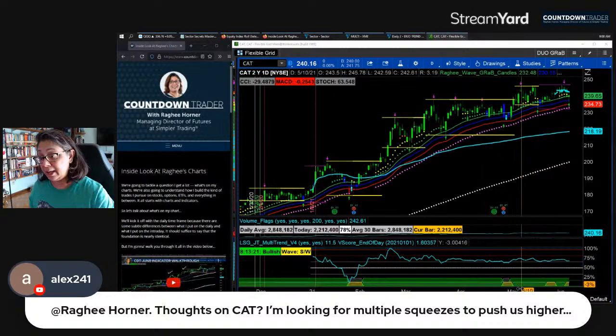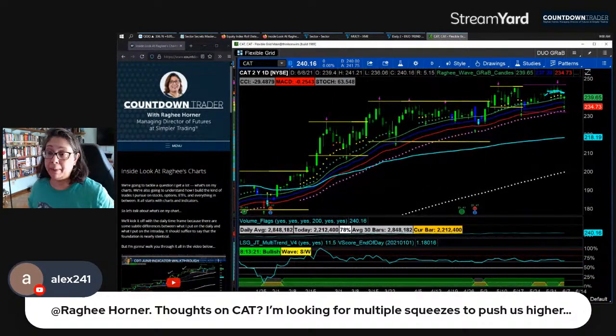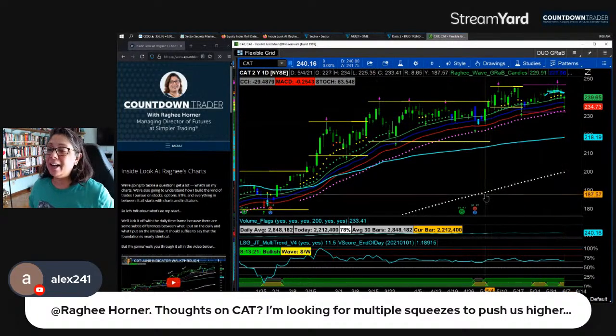So in this case, CAT, my friend, CAT's a great pullback buy. You can see my Darvas signals firing off here just as it did last time. Right in the wave, right here, buy. Here, buy. Here. So you know what I'm going to say? Just keep an eye on the larger tide within CAT.